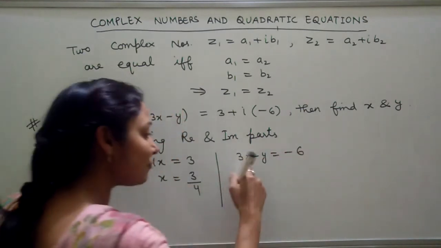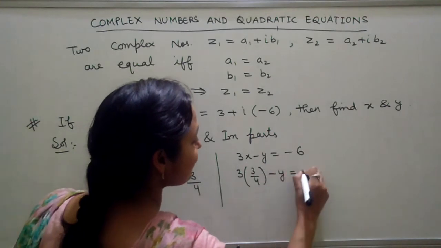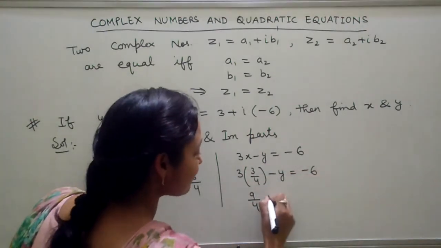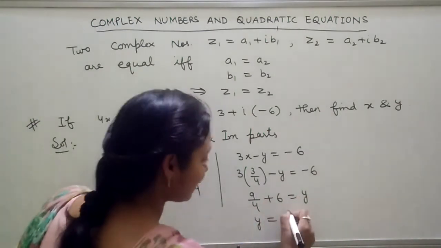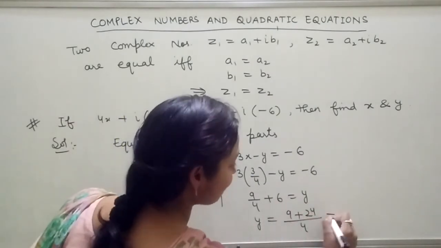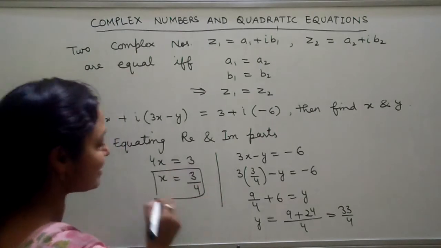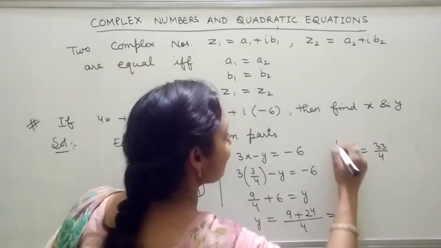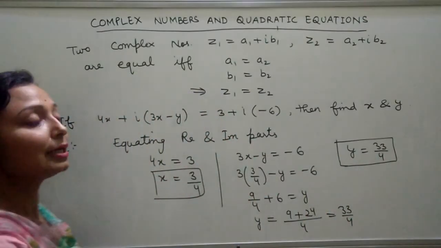Now I put the value here: 3 by 4, 3 threes are 9 by 4, minus y equals minus 6. It comes 6 equals y, and y equals 9 plus 24 upon 4, that is 33 by 4. So the value of x is 3 by 4 and the value of y is 33 by 4 by equating these two. So this is the way to equate complex numbers.